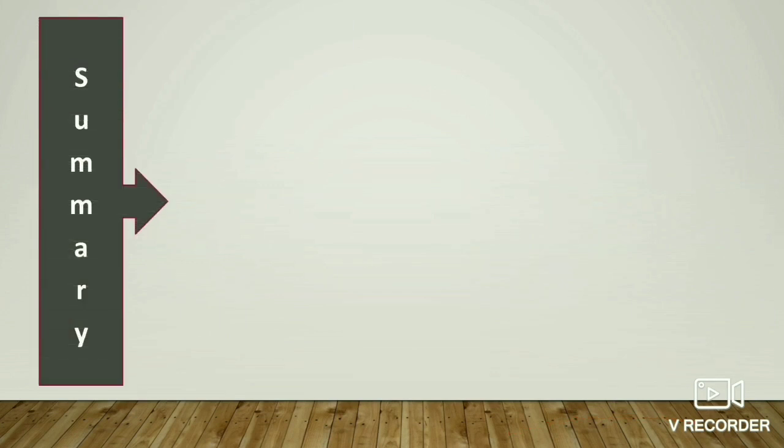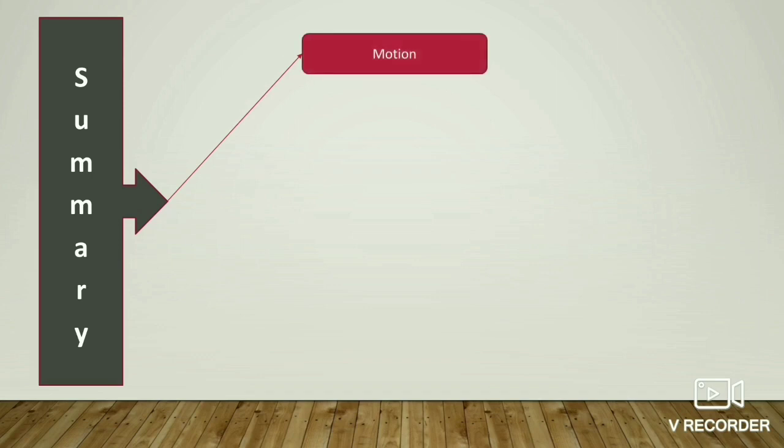Now summary. In this video, we studied what is motion. We saw that motion is a change in the position of an object with time. The change in position can be determined through distance measurement. This allows us to know how fast or slow the motion is.